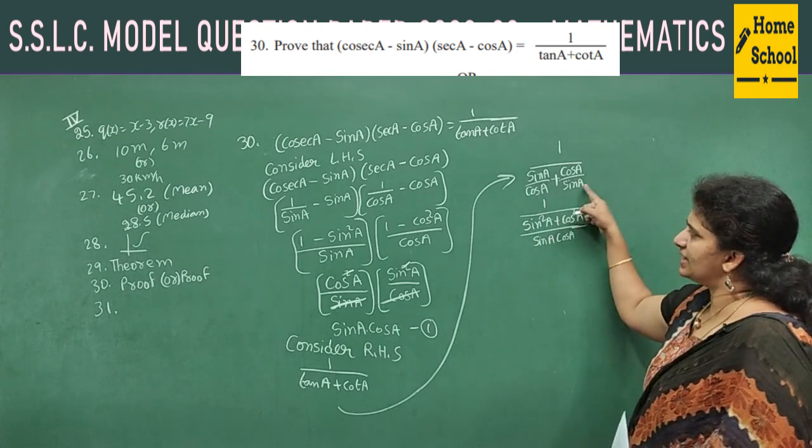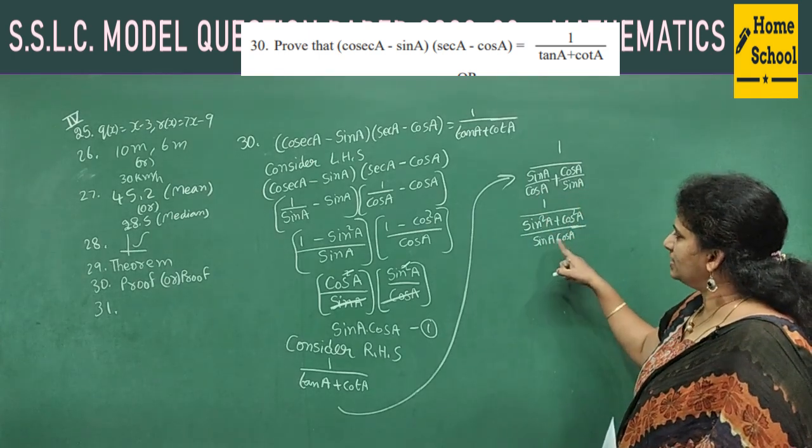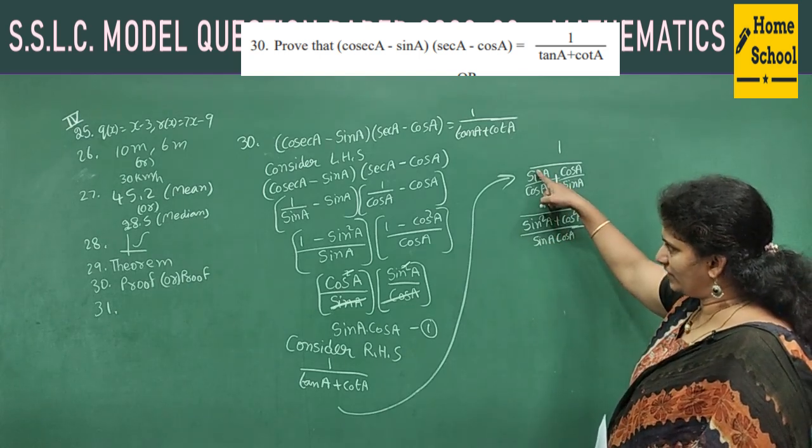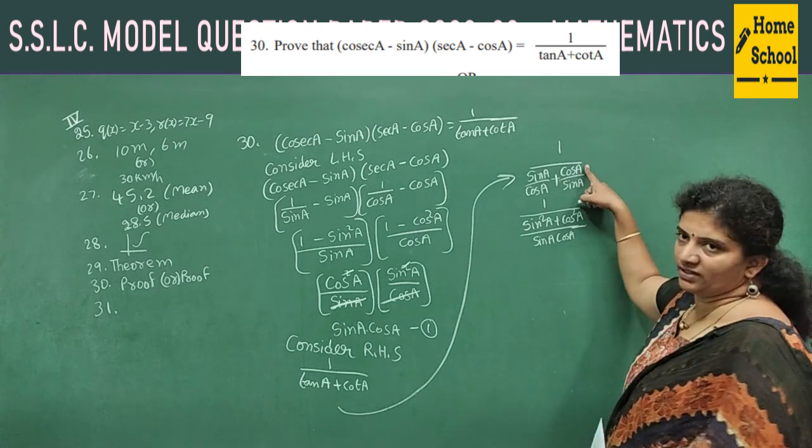Look here, cos A and sin A LCM is sin A cos A. Here you have cos A, so multiply sin A for the numerator and you have here sin A, another cos A, multiply for the numerator.